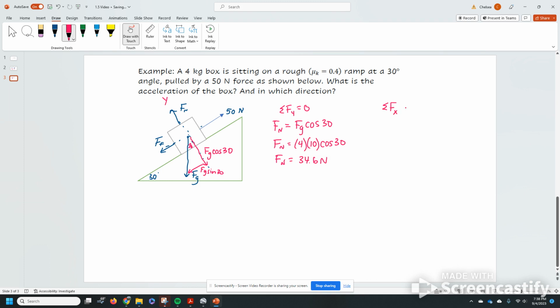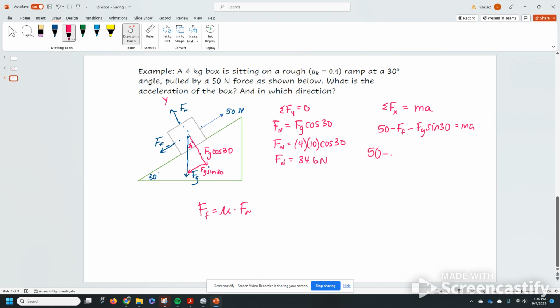Let's look at the sum of forces in the x direction. It's accelerating, so my sum of forces equals mass times acceleration. I have a 50 Newton force pulling up the ramp, and I'm going to be resisted by the force of friction and also this sine component down here. So two forces or components are resisting that pull. Cool. Recall that the force of friction is the coefficient times the normal force, so I'll substitute that in for the friction.